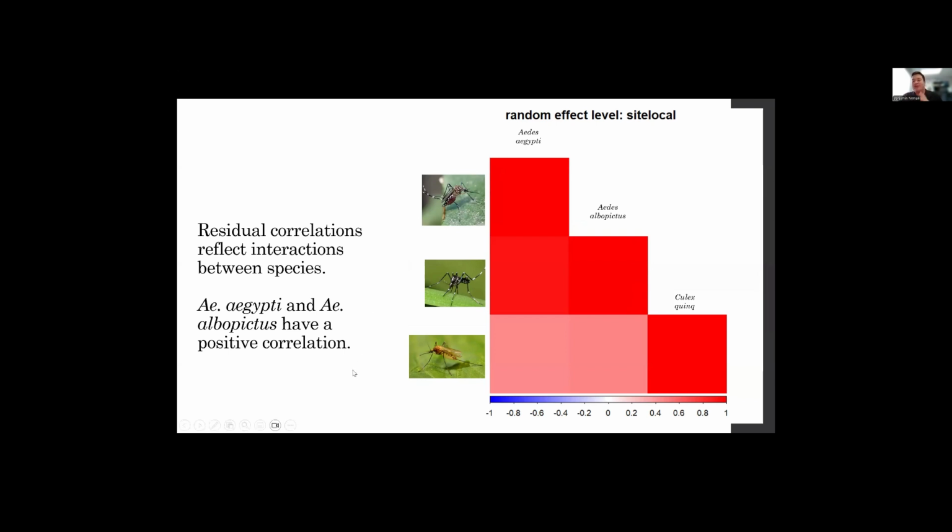And that would show as blue or a negative value on this matrix, but we actually see all positive trending interactions and even a significantly positive interaction between our two Aedes species. So not only are they not competing, seemingly the presence of one is a positive indicator for the presence of another.